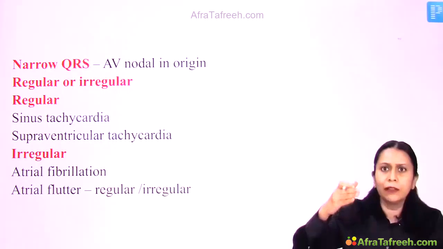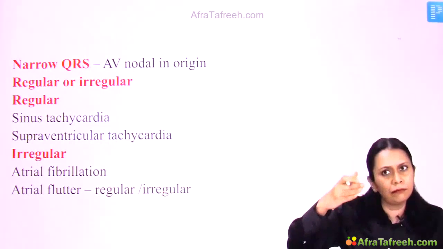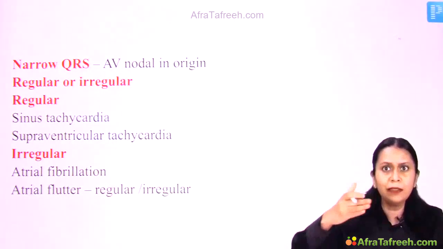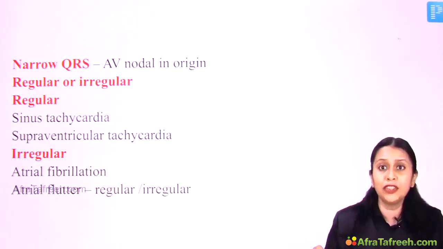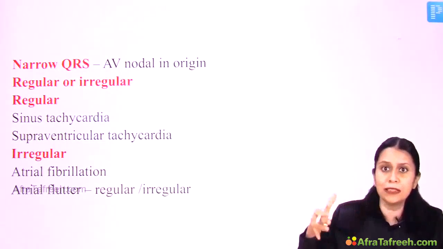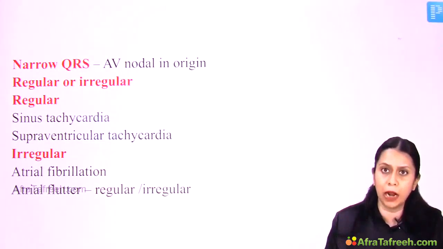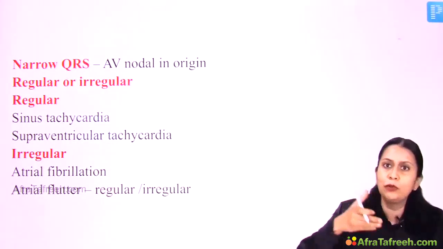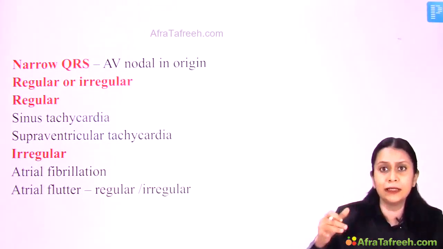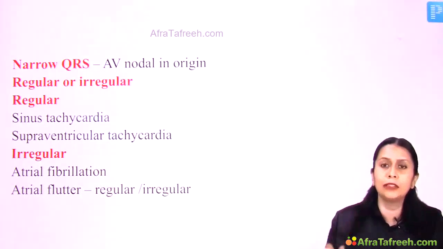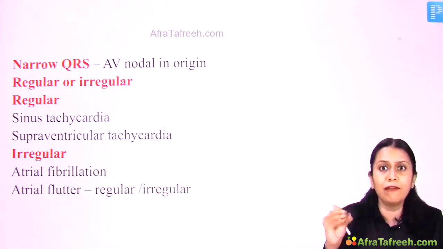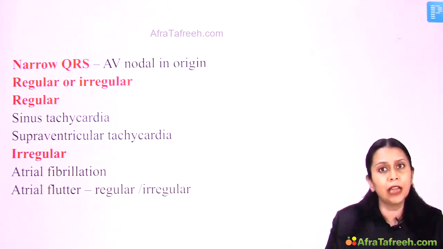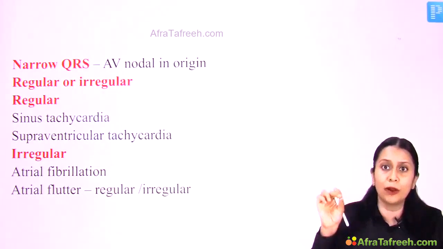Now remember, when the impulse passes through the normal conduction system of the heart, that is from the SA node to the AV node through the bundle of His, the ventricle is contracting at a very fast rate, and that is why we are getting a narrow QRS complex.